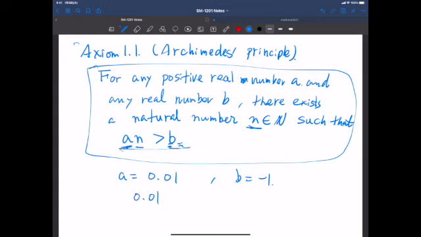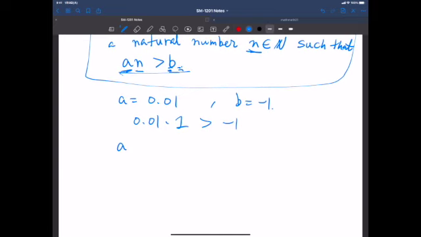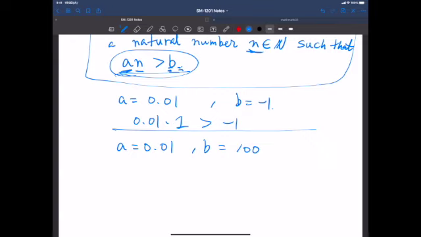So 0.01 times 1, for example, is of course greater than a negative number, right? So this is trivial. Let's say then a is 0.01 and b is, let's say, 100. Can we choose a natural number satisfying this? Actually, we can, yes.